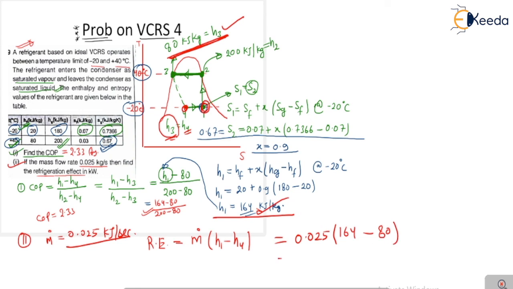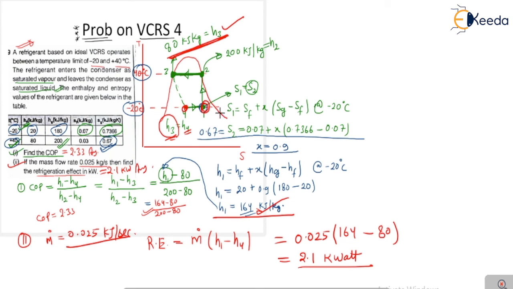By applying all the given data, we easily calculate our refrigeration effect in kilowatt, and the value is 2.1 kilowatt. This is your correct answer.